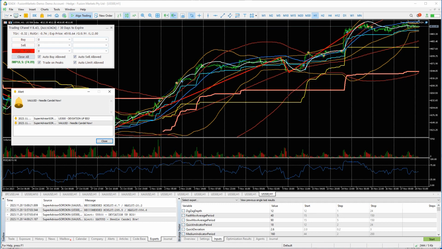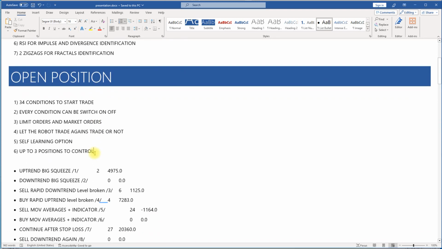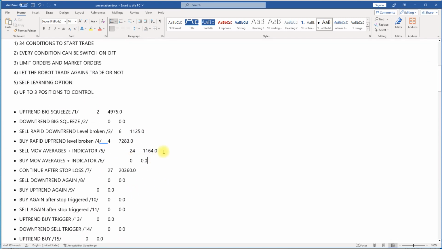There are two types of orders: market orders executing straight away, or limit orders, used by this robot. And again, up to 3 position control, and the self-learning options are already described. So the robot can reduce.